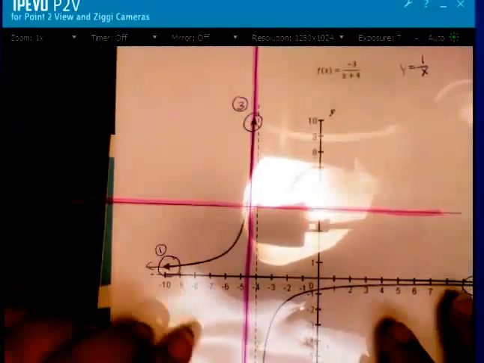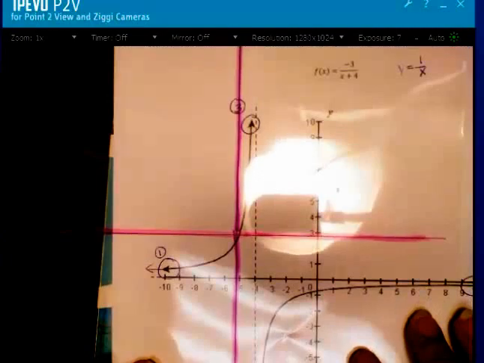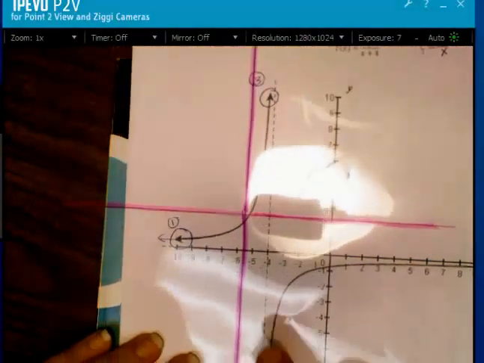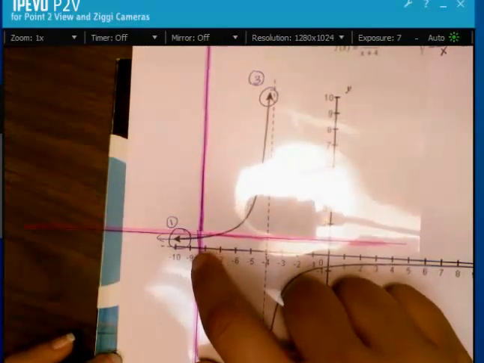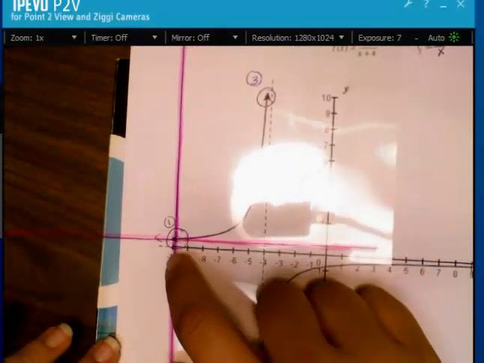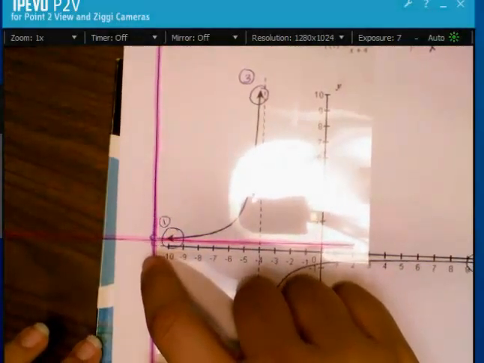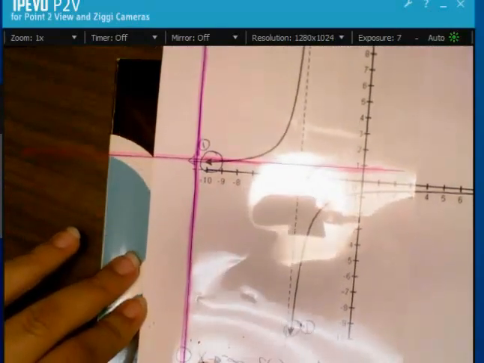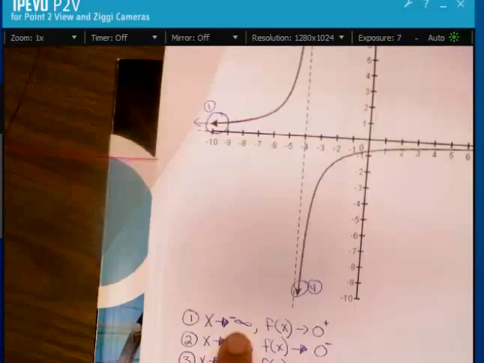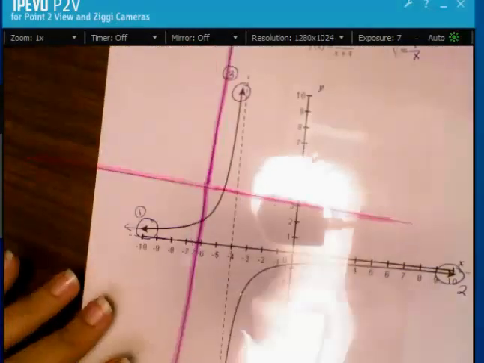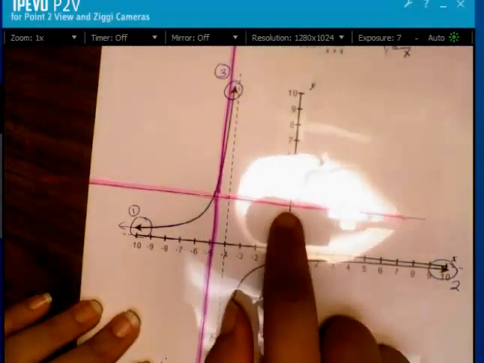Okay, so as I trace this function, as I'm going out towards end behavior 1, you can see that this purple is tracing along smaller and smaller x values. Okay, so that's why x down here goes to negative infinity. Okay, now we're going to pay attention to the pink over here.